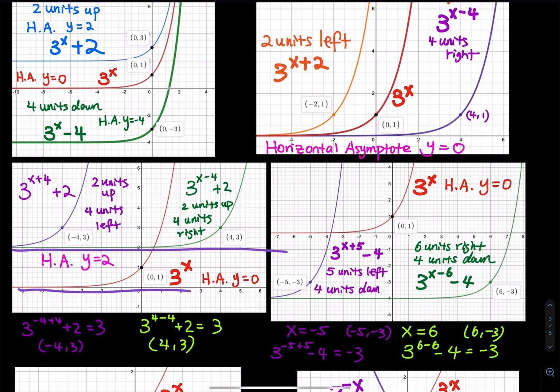Click on that, click on the gear, and then you should see somewhere on that page, there is a table symbol. Click on the table and then input the x value that you are looking for. So let's say x equals 4 or x equals negative 4, and then Desmos will calculate the corresponding y value for you, and they will also plot that point for you.